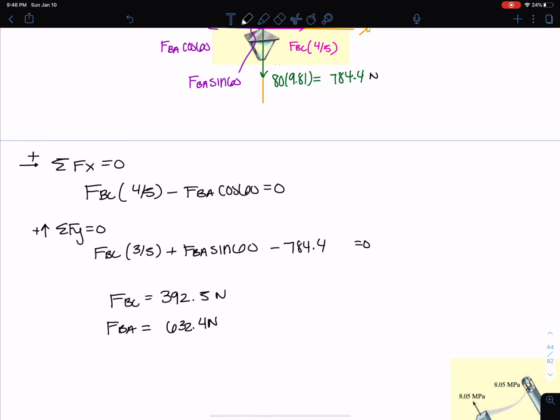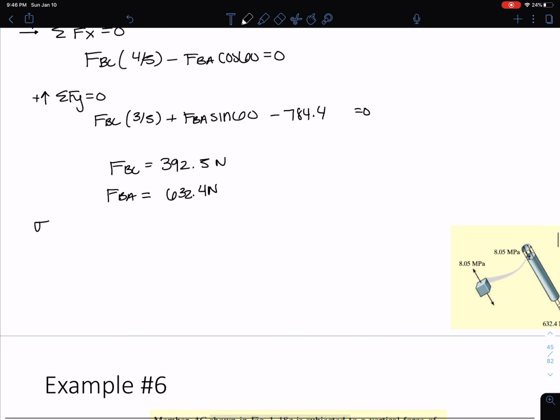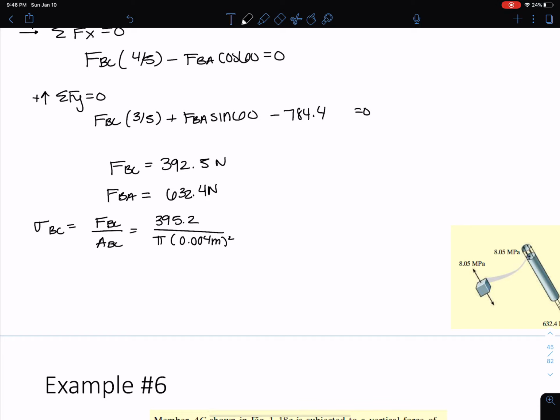Okay. All right, now we can plug directly into sigma BC. This is the normal stress in rod BC, which is equal to the force in BC divided by the area of BC. So I have 395.2 divided by pi r squared, the area of a circle, and I get 7.86 megapascals.